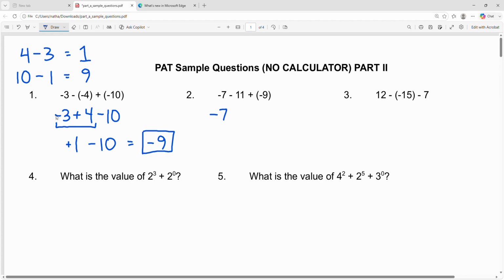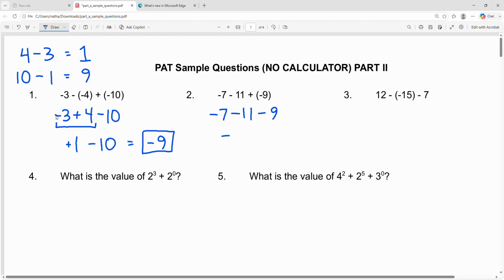We've got -7, -11. So those are the same sign. These are going to combine, right? So, and then we're going to add a negative. So what did we say about adding negatives? That is like subtracting, okay? We're adding another negative number into the mix. So we actually have 1, 2, 3 negative numbers. So we're just going to combine them all, meaning I'm just going to add them up. So what is 7 and 11? 7 and 11 is 18.